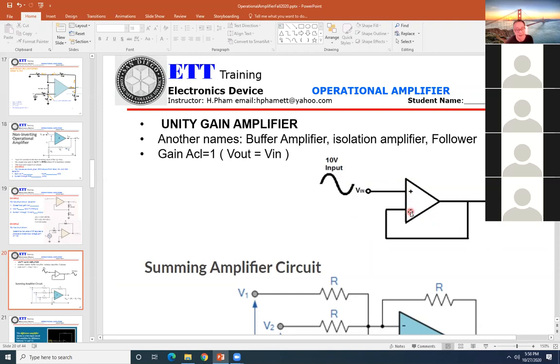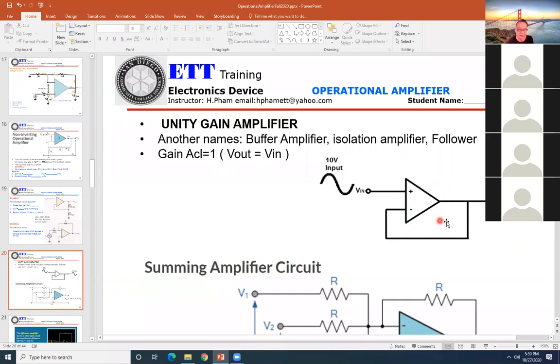So you can see the application in any power supply. They will have this circuitry. When you're working with the output and for some reason you short it to the root, without this amplifier, they will cook your circuit.